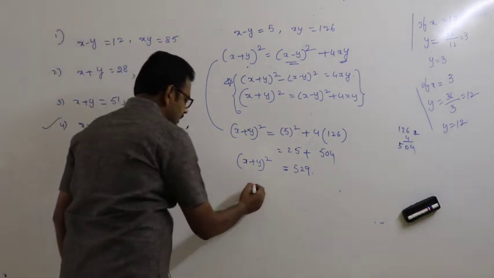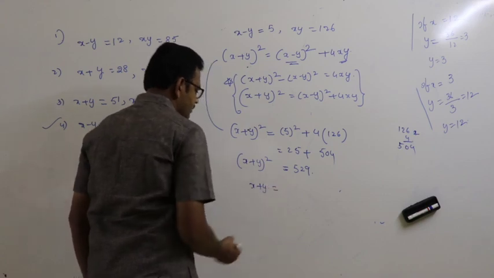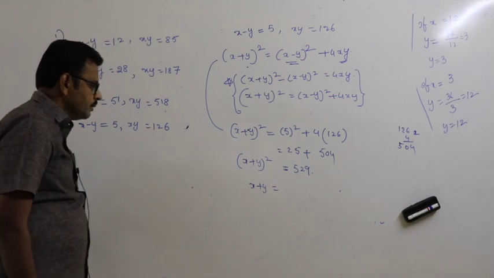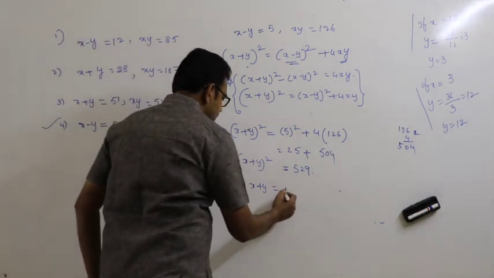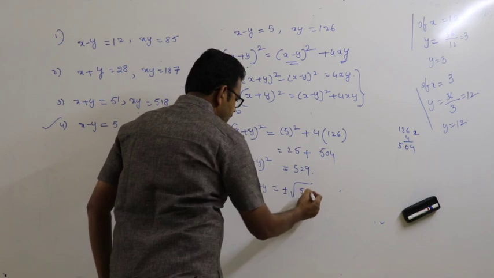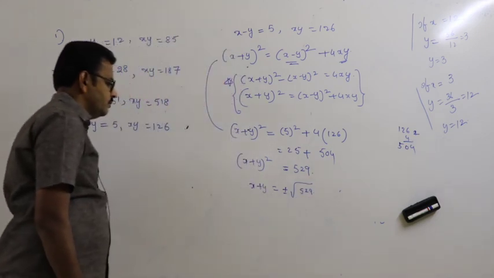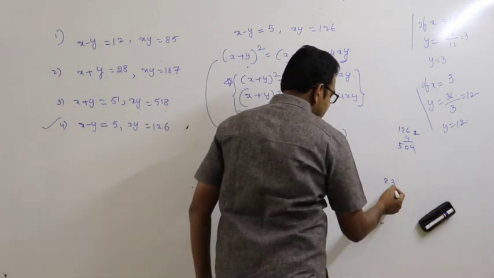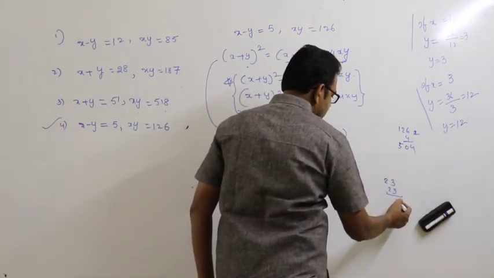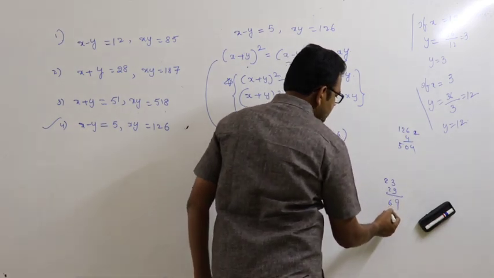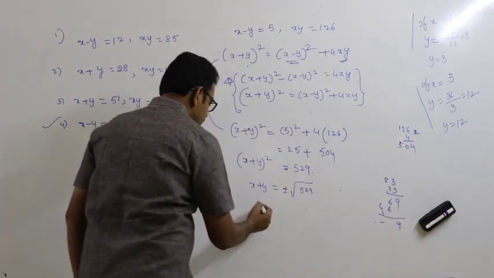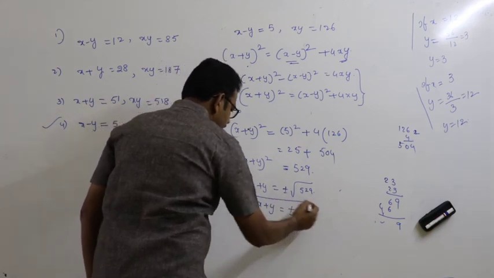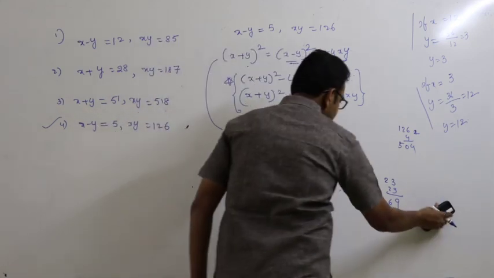This implies x plus y is equal to plus or minus root of 529. Root of 529, I think it is 23. So x plus y is equal to plus or minus 23.